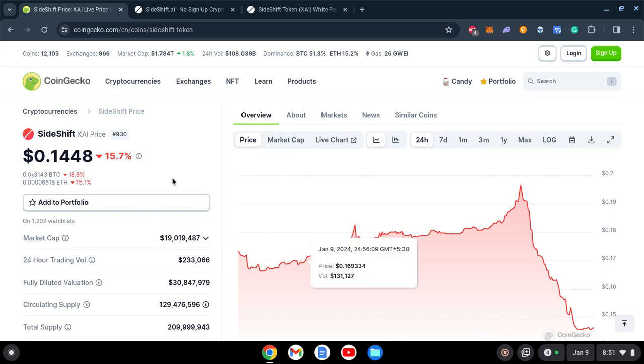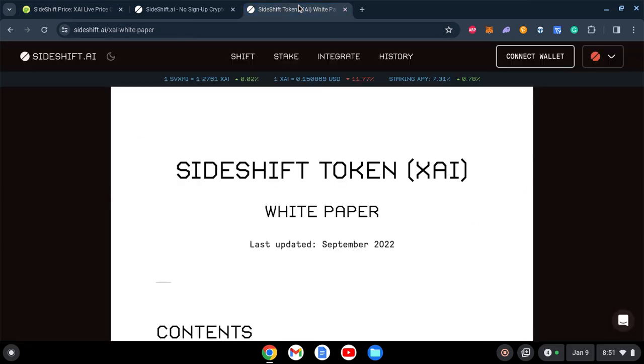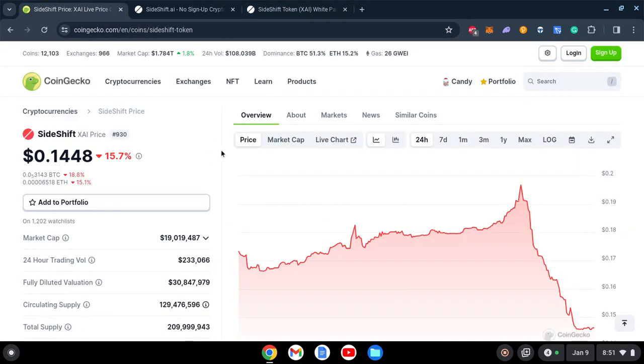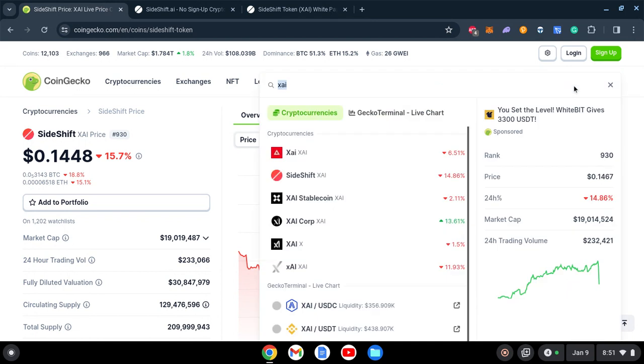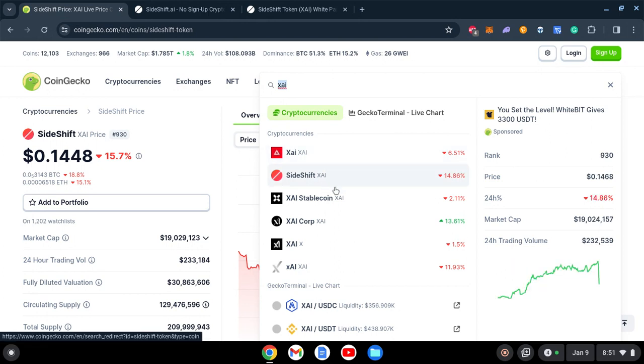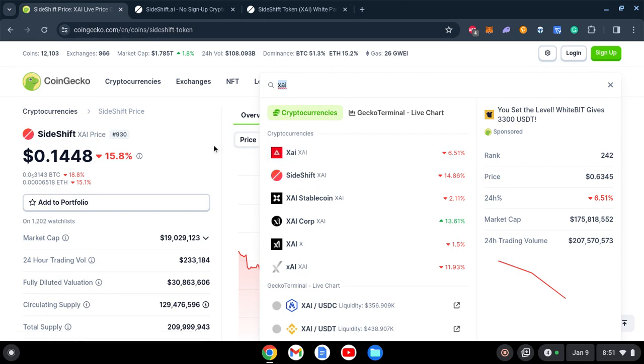In this video we are going to analyze the XAI token of the Sideshift project. So we'll quickly move to the white paper of the Sideshift token XAI, but before that let's get some basic information about the project. And before that, just make sure that the XAI token you are looking for is related to the Sideshift project, which is ranking around 930 right now, and not the other XAI tokens, because there are many similarly named tokens right now.